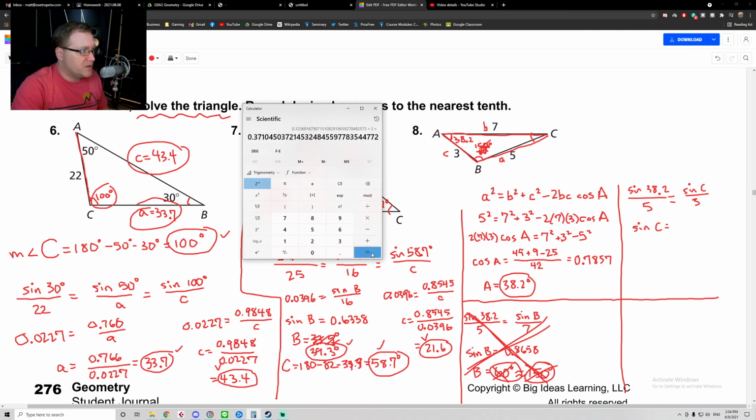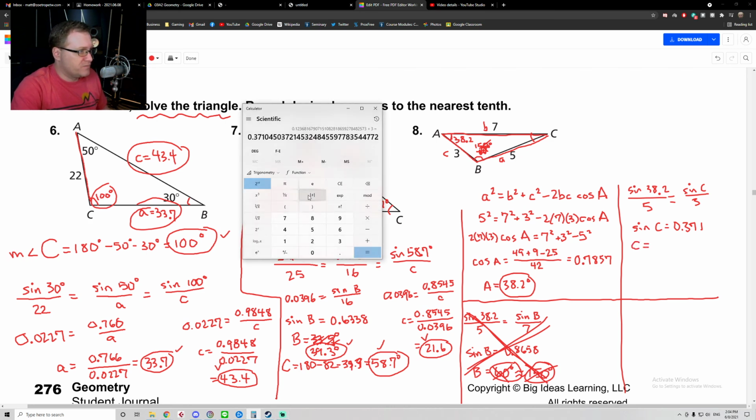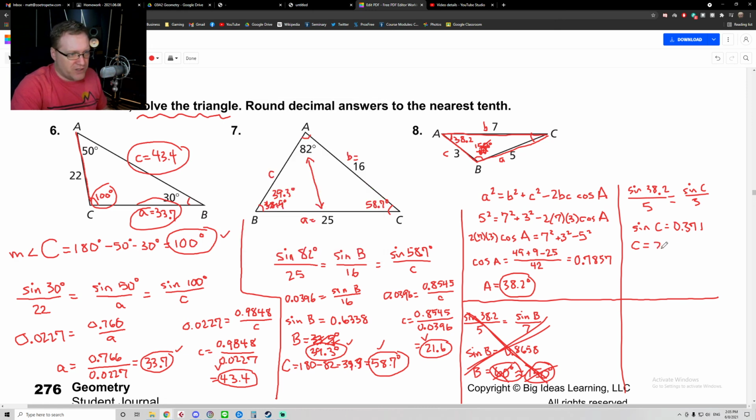That gives us 0.371. Then we need to take the inverse sine of that to find the answer. So we have 0.371, and we take the inverse sine. That gives us 21.8. So C is 21.8 degrees.